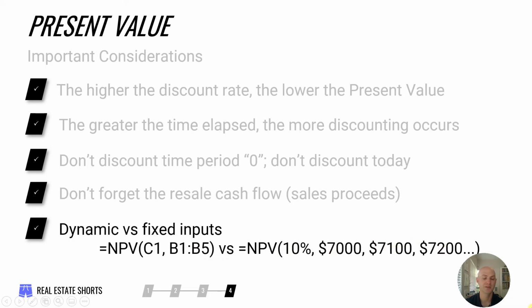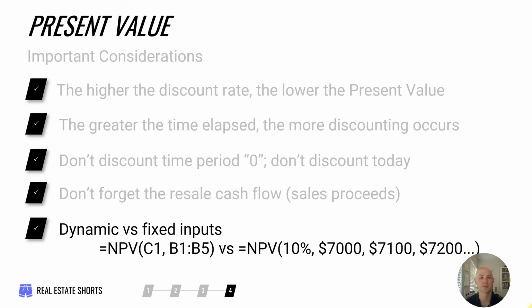The reason being is, one, it's a lot faster. Two, it also makes it easier for me to change assumptions moving forward. So as cash flows change or as discount rates change, in this case, the NPV function can calculate dynamically and the result can change automatically. The last is it also helps you reduce errors, fewer inputs for you to worry about or audit or have to change sometime thereafter.